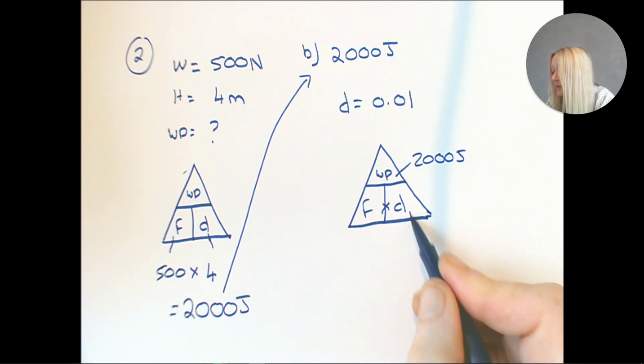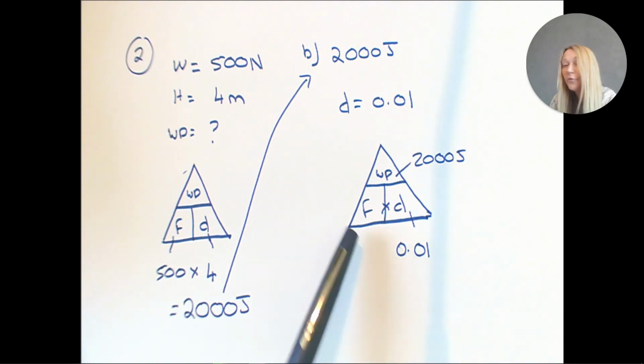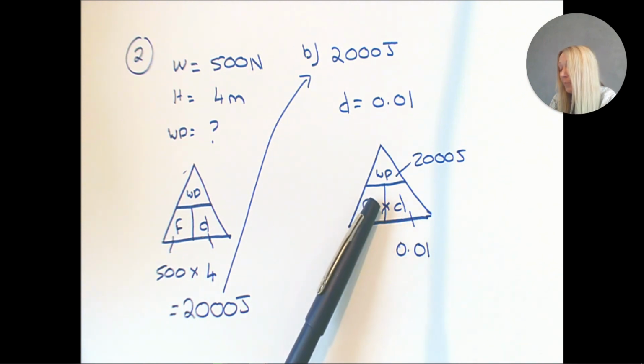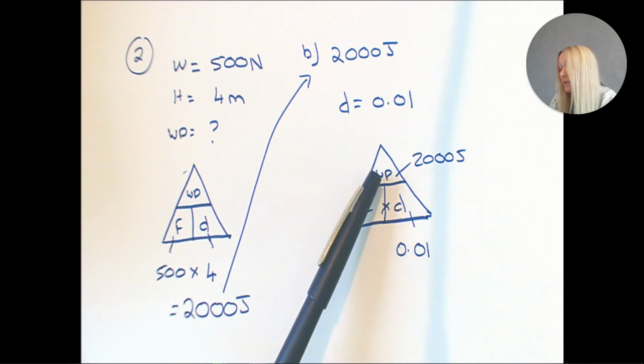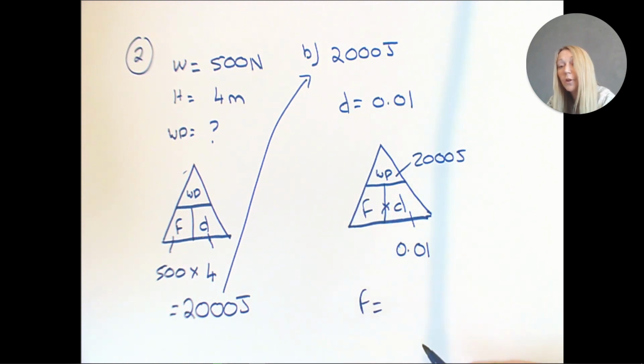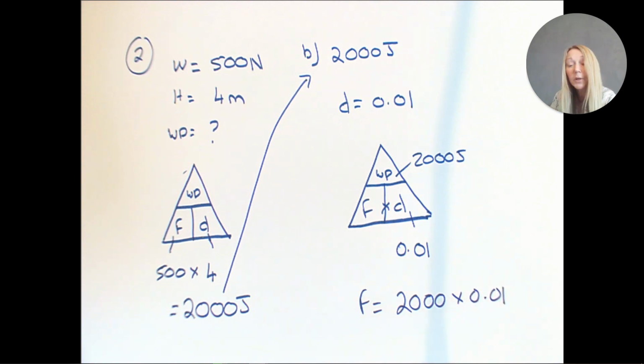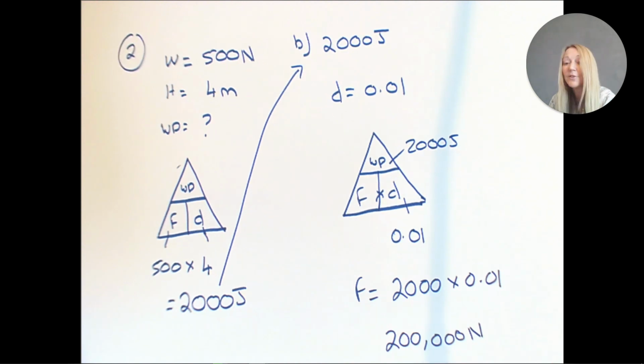The distance they've given us now is 0.01. And they're looking for the force on the shoe. So again, we cover up the force, we've got work done divided by distance. So the force on the shoe for the compression would be 2,000 divided by 0.01, which will give us 200,000 newtons of force going into that trainer.